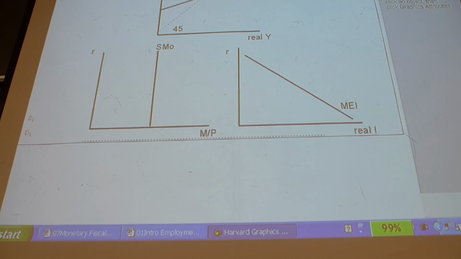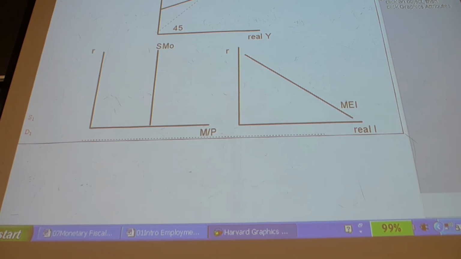What that means is all the autonomous junk in the economy: autonomous consumption, autonomous investment as a function of prices and technology, autonomous government spending, autonomous exports, autonomous imports, all of that stuff is in that A0.